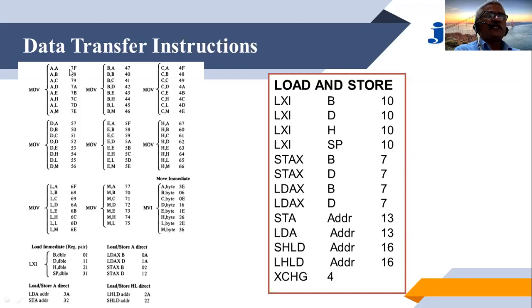So we could directly write 78, and it is easier for the machine to interpret this 78 instead of move B to A. So we will write, keeping this chart in front of us, the basic conceptual programs for the 8085.